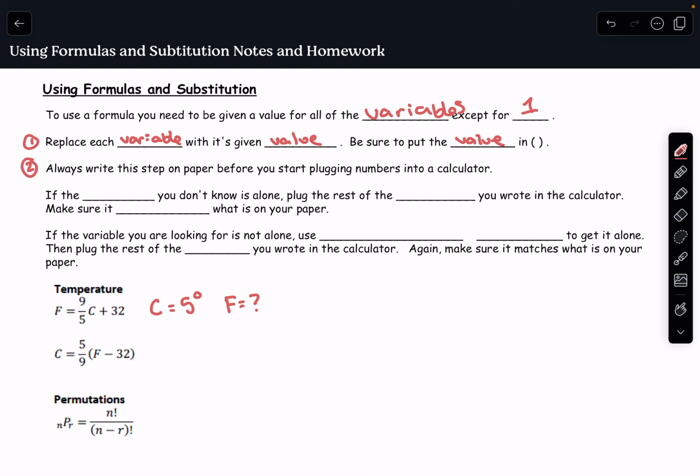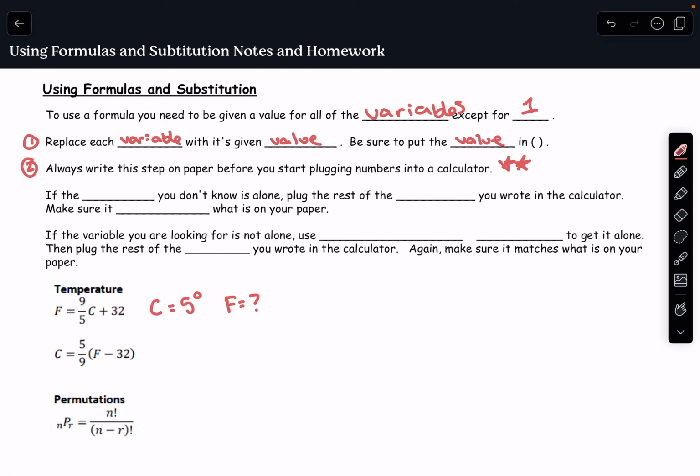That one's a big one today because a lot of these formulas can get kind of messy and they don't always look good. So when you're typing them in the calculator, you want to make sure that what you write on the paper looks the same as what you type in the calculator. If you don't do both, you don't have those versions to compare and make sure it looks correct.